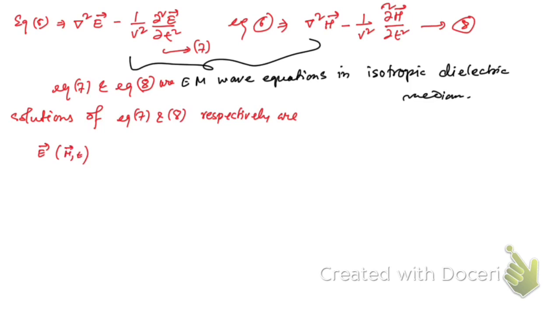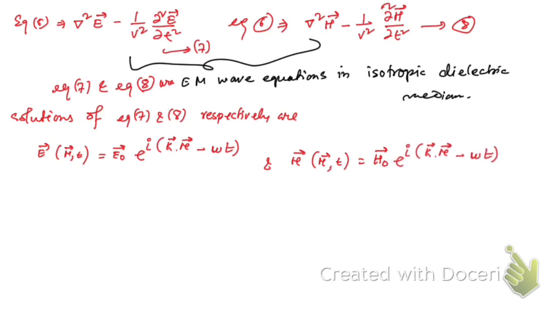Here r is the position vector, right? E naught represents amplitude. E to the power i (k vector, which is the propagation vector of the wave, dot r) minus omega t, and H vector is given by H naught, and so on. Okay, that's what we're going to have.